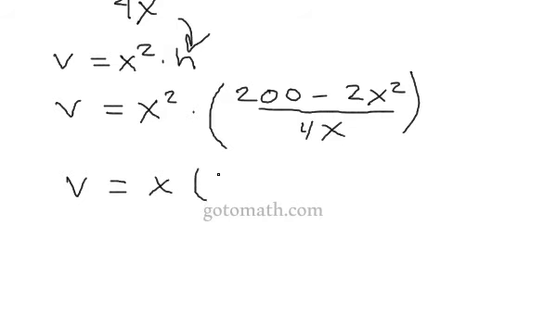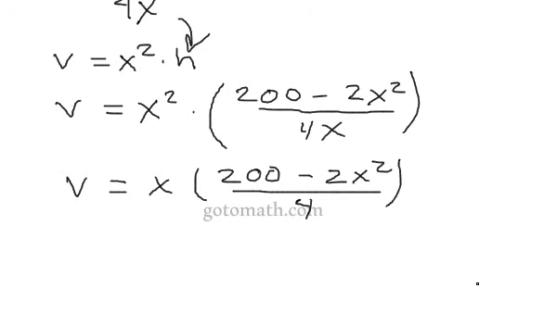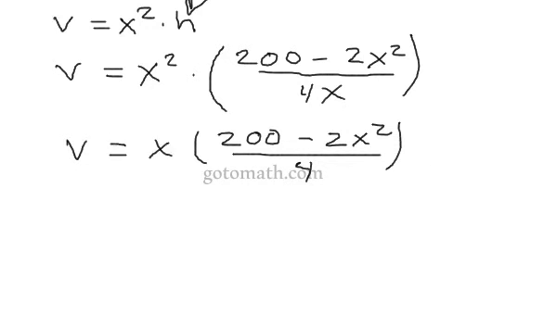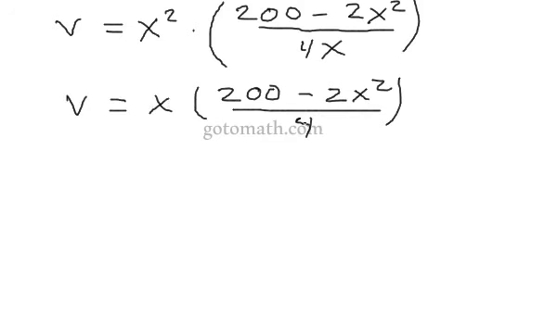This is the intermediate steps that usually slow people down in calculus. And of course, we still have 4 down here in the bottom. But we're going to go ahead and split that up also, and I'm going to distribute this x across. So we have v is equal to, so 4 goes into 200, and we should be left with a 50, and then I'm going to distribute this x across at the same time.